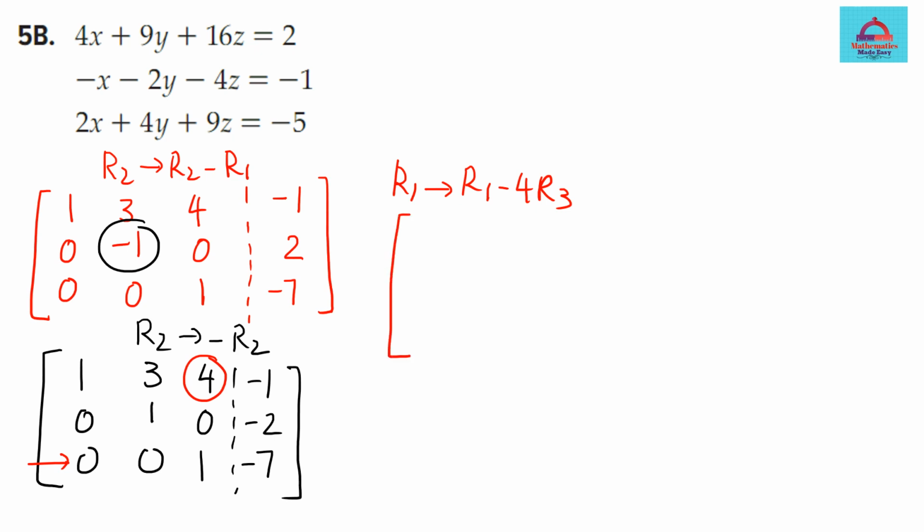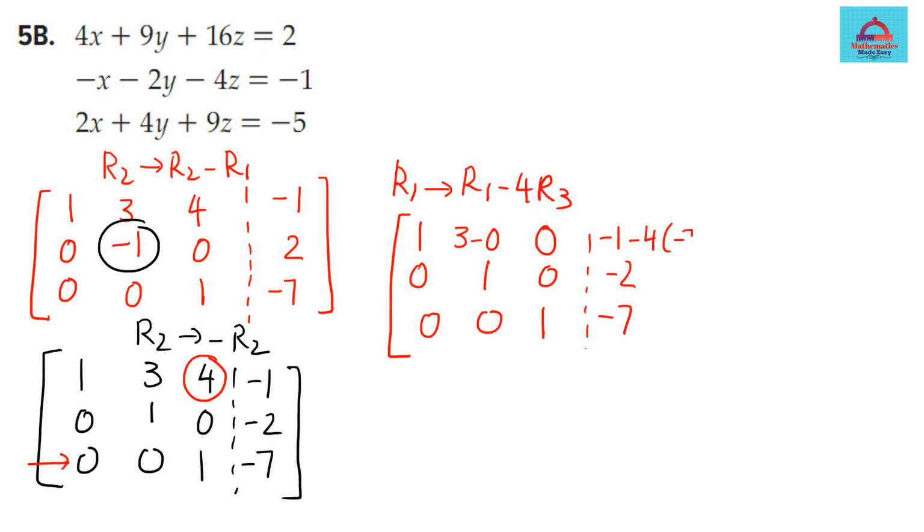So it becomes, okay, second and third row same, no change. Just copy. And let's change the first row. So this is 1. Now this becomes 3 minus 0 only, because this is 0, and this term becomes 0. What about this? It becomes minus 1 minus 4 times minus 7.